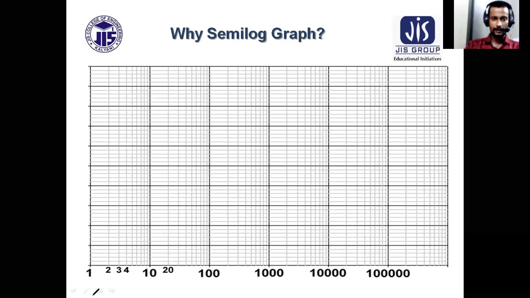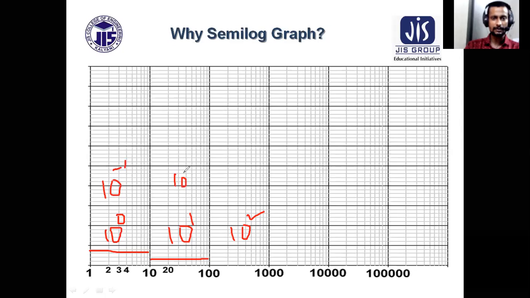Now, in case of semi-log graph paper, the variation between any two consecutive lines in the first part is 1. Here the variation will be 10. That is, here the variation is 10 to the power 0. Then here the variation will be 10 to the power 1. Here the variation will be 10 square. Likewise. So if you choose a variation of 10 to the power minus 1 in the first case, then here the variation will be 10 to the power 0.